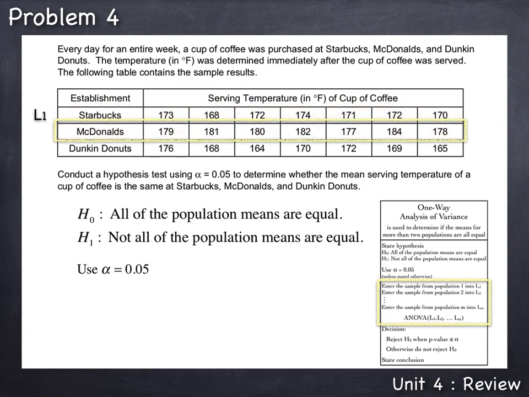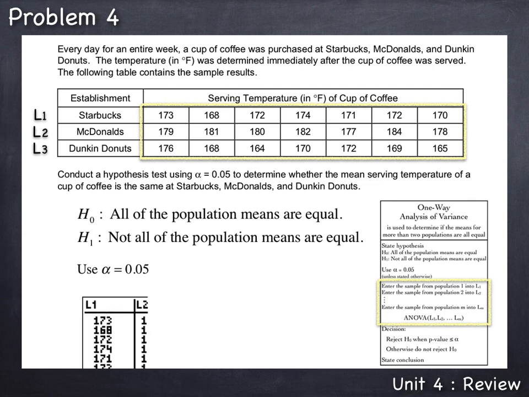Our second sample will be from McDonald's, so we'll enter the McDonald's sample into list 2. And we'll let our third population be Dunkin' Donuts, and so the sample taken from Dunkin' Donuts will be entered into list 3. So now all this data needs to be entered into the 3 lists, and once that's done, we can then execute the ANOVA command on these lists to calculate the p-value.